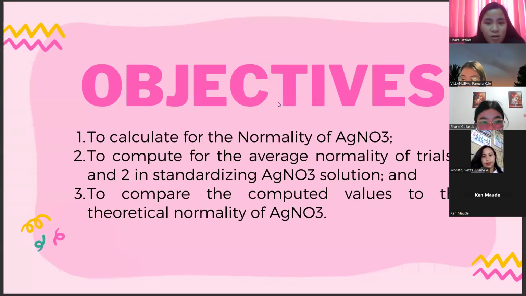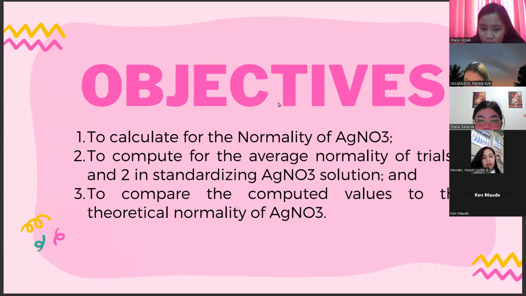For our objectives, first is to calculate the normality of silver nitrate. Second is to compute the average normality of trials 1 and 2 in standardizing silver nitrate solution. And lastly, to compare the computed values to the theoretical normality of silver nitrate.